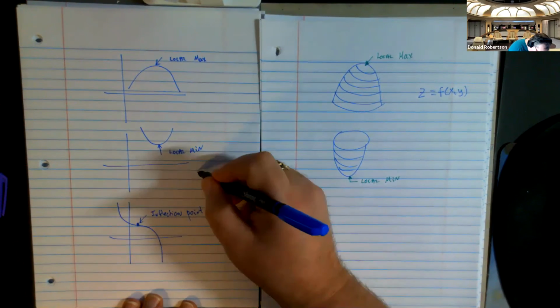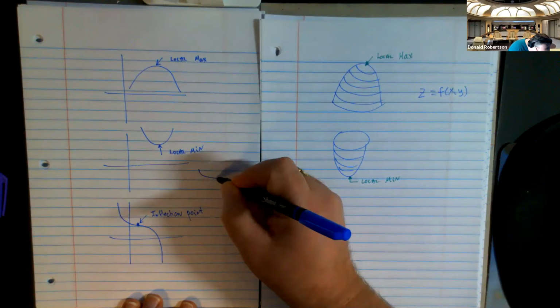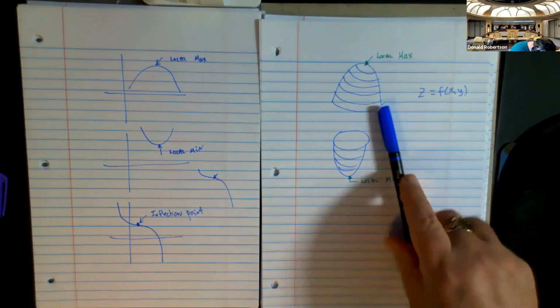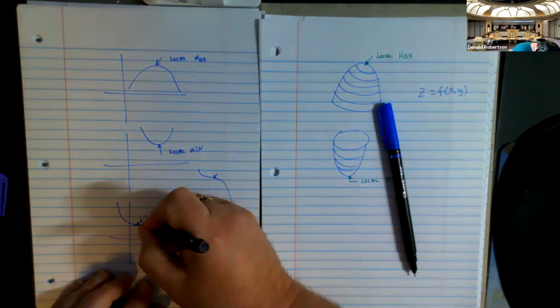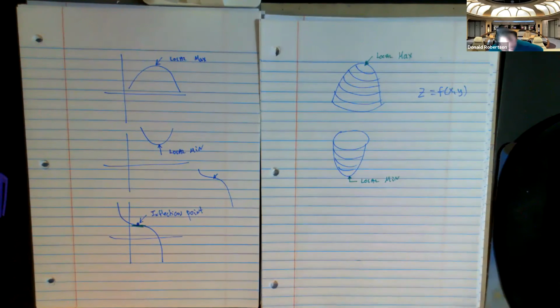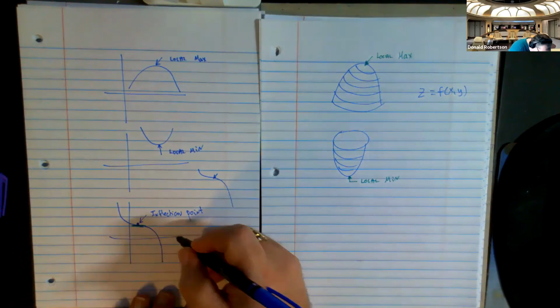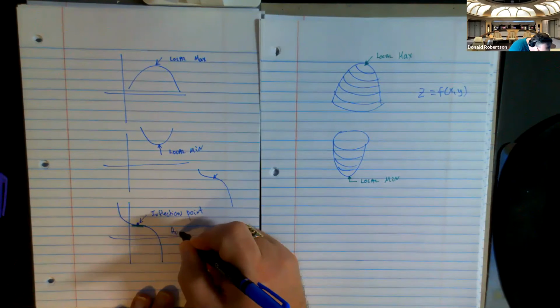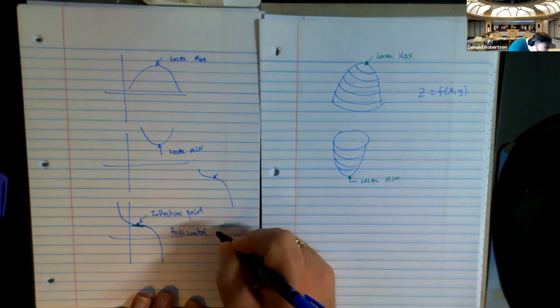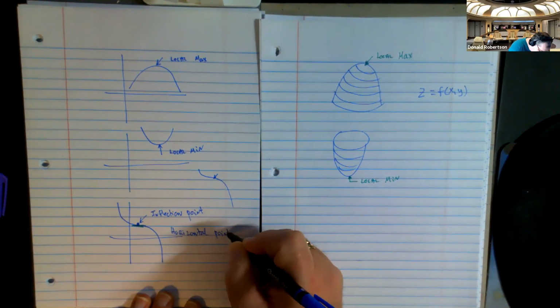The inflection point allows the changeover to happen not at zero, but at an angle. At that point there, and I don't know how well I've drawn it, can you imagine it also happens to be horizontal as well? When it is horizontal, it's got another name: it's called a horizontal point of inflection.